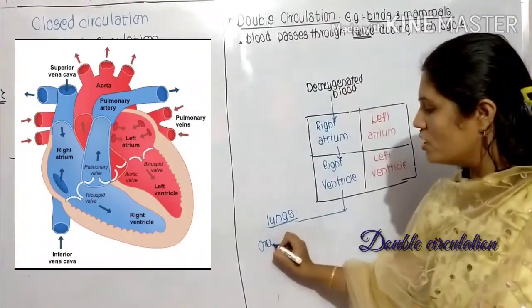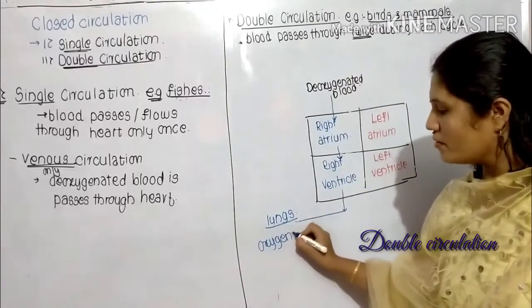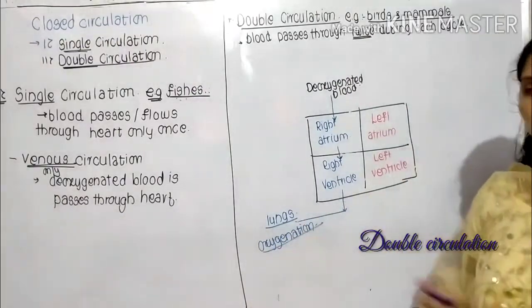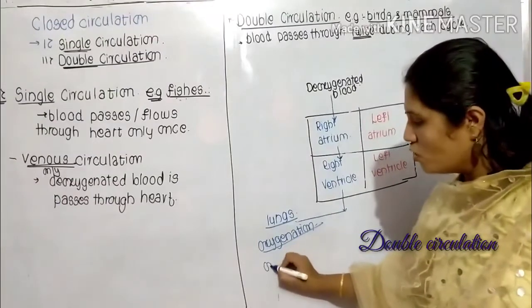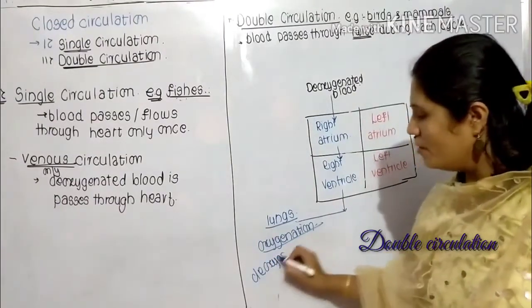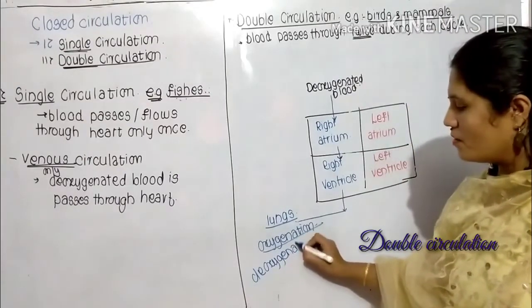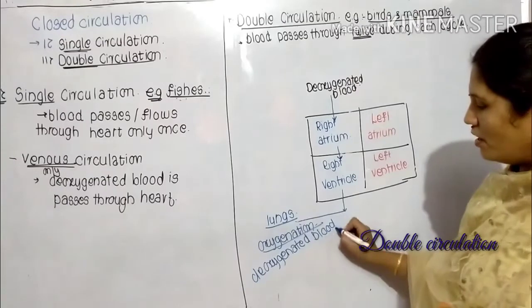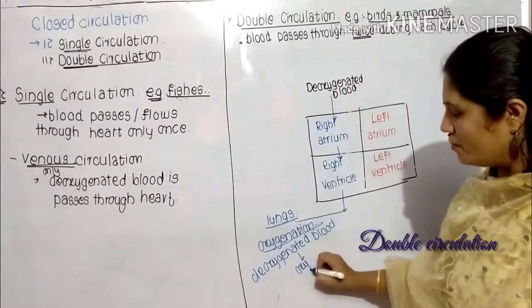For the oxygenation purpose. As I have already explained, oxygenation means what? It converts this deoxygenated blood into oxygenated blood.